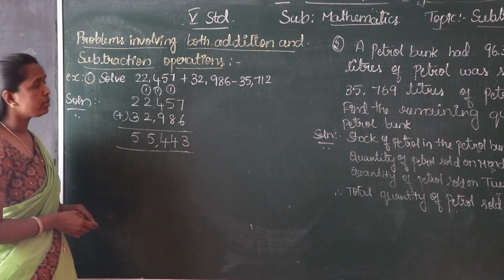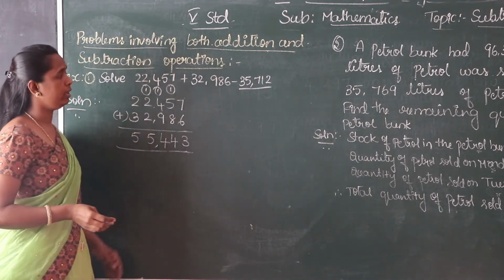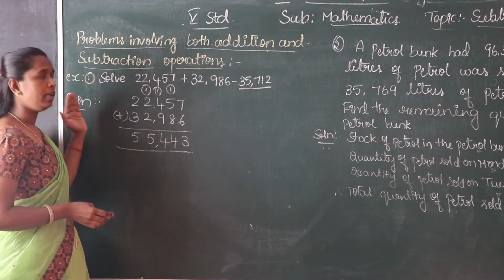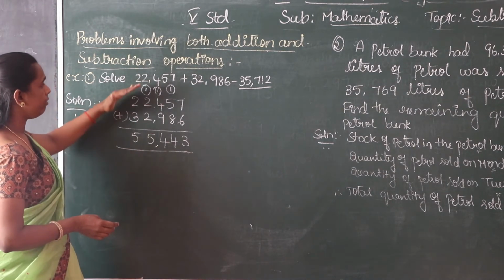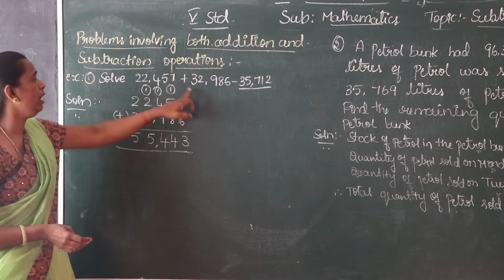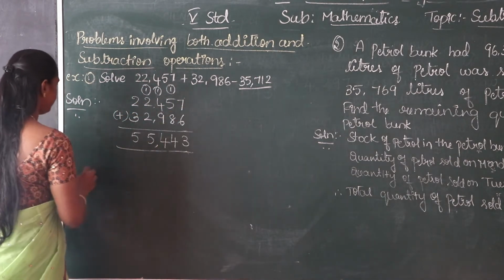So, subtract 35,712 from this. When we add both the numbers, from the answer we have to subtract that one.